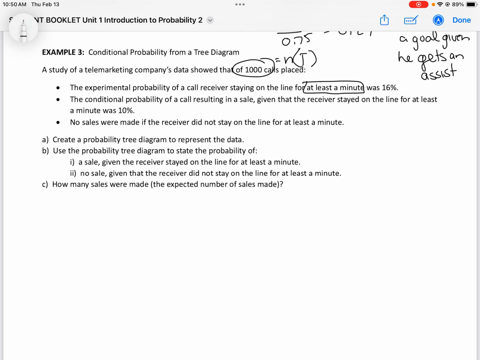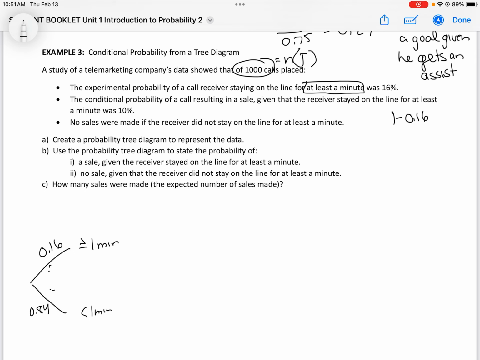So at least a minute, greater than or equal to 1 minute, is 16%. On the flip side, less than a minute is going to be the complement of 16. So you can go 1 minus 0.16, that's fine, but if you can do it in your head, that's also fine. The complement of 16 is 84, 0.84.